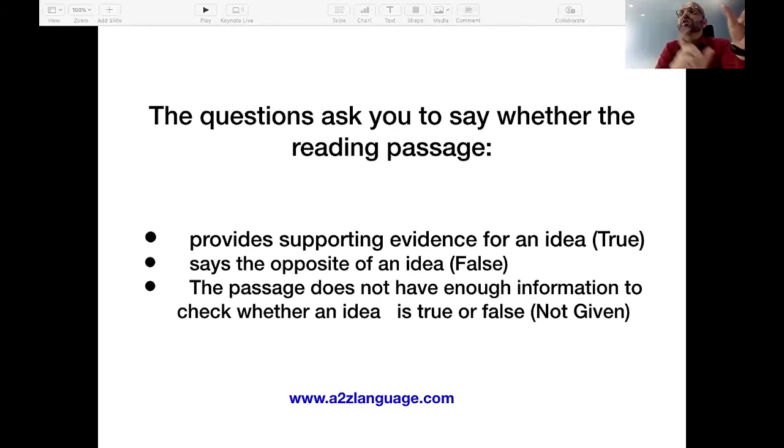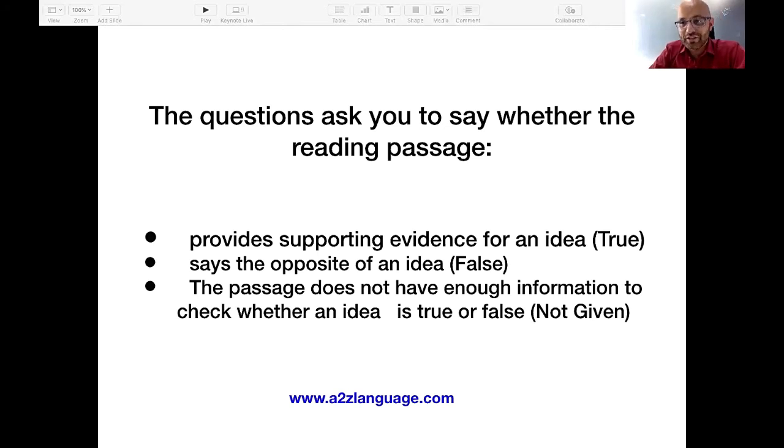So when you reach a conclusion that it is neither true nor false, then eventually it is going to be not given. All right, so let's now practice this technique on a text excerpt taken from authentic IELTS preparation material.